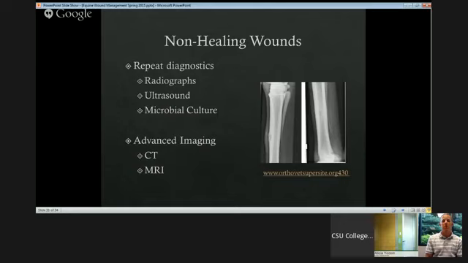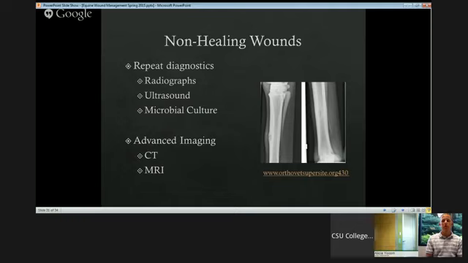With non-healing wounds, the most important thing is to go back and repeat the diagnostics, because infection can play a role, as can bone changes, deeper pockets of bone bruising or injury, and also tendon or ligament injuries. All of those things can really be important and change over time.